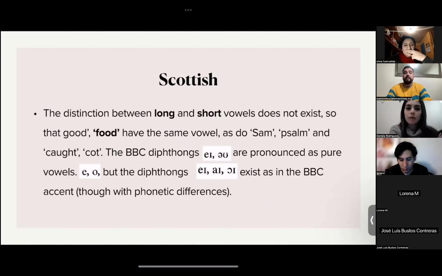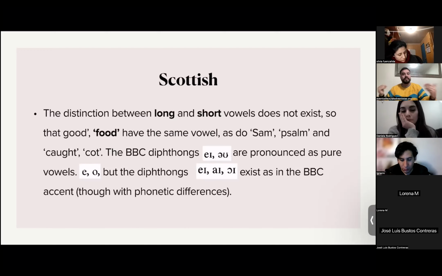Also, about the vowels in the Scottish accent, you know that I taught you that when we speak British and American, we had tense and lax, or short and long vowels. For example, if I say sheep, or ship, or bin, or bean, or pin, or peen, all right?